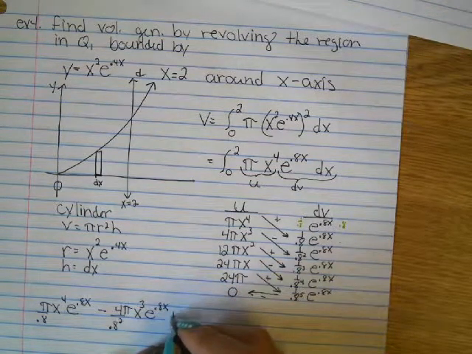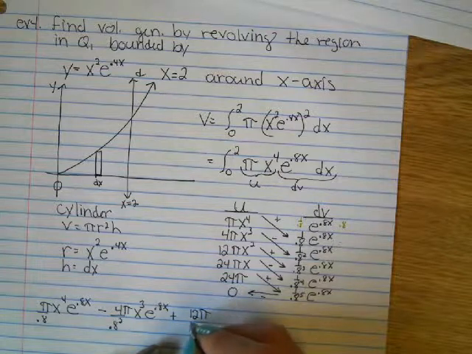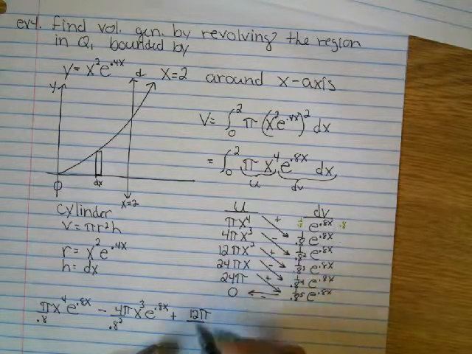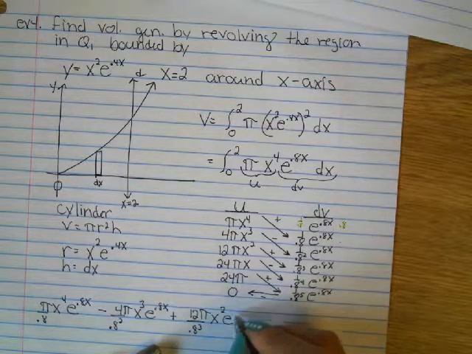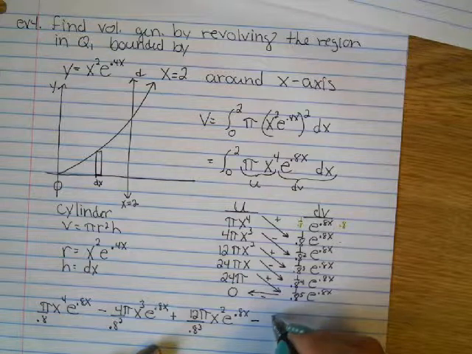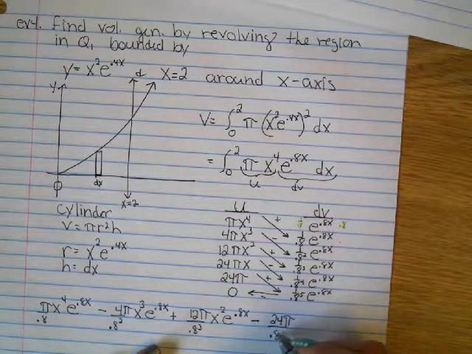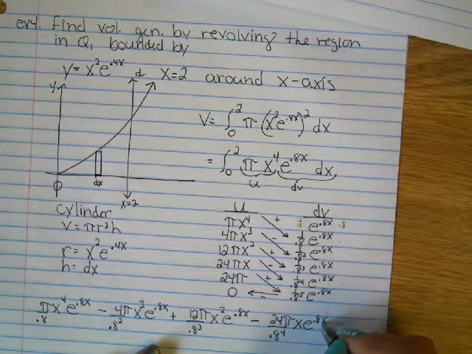and plus 12 pi over 0.8 cubed x squared e to the 0.8x minus 24 pi over 0.8 to the 4th x e to the 0.8x.